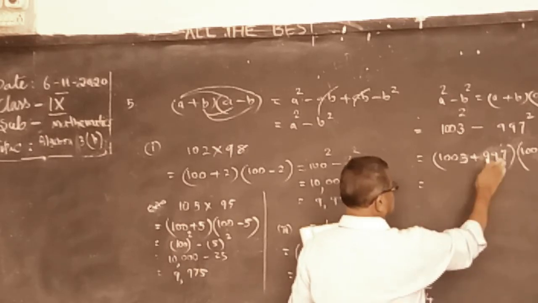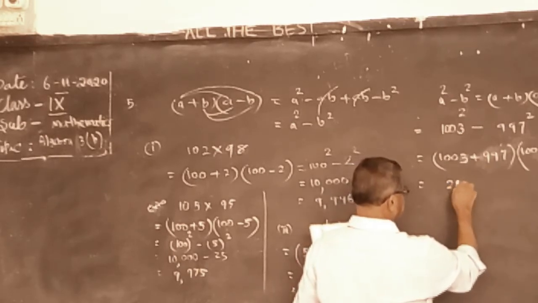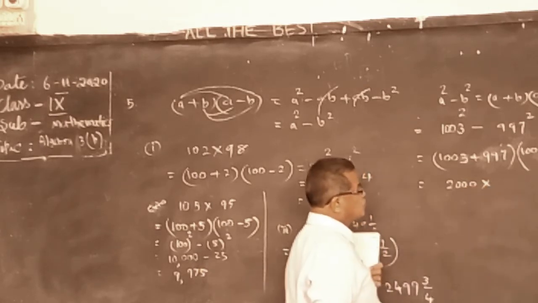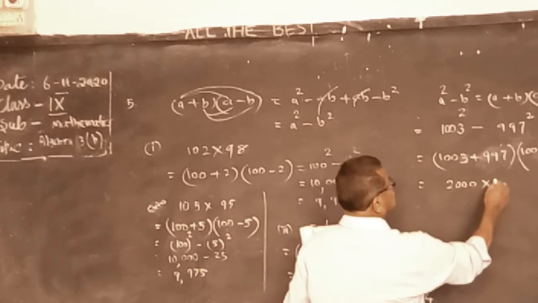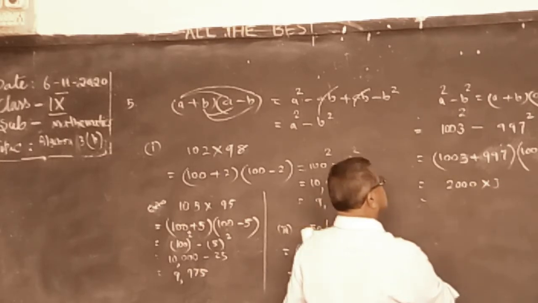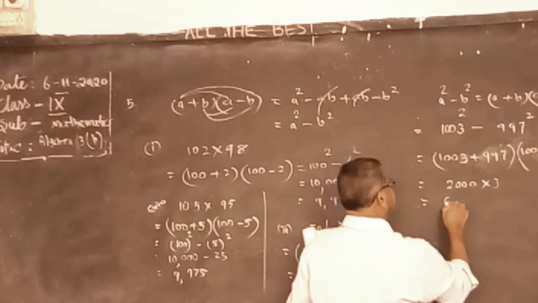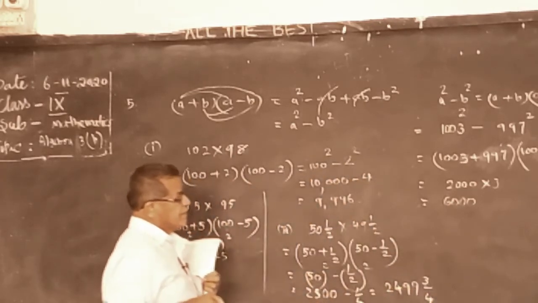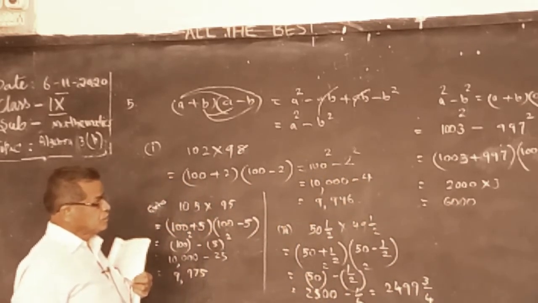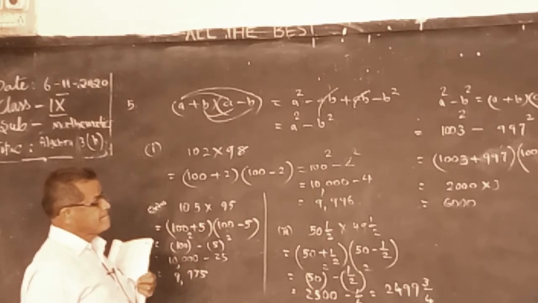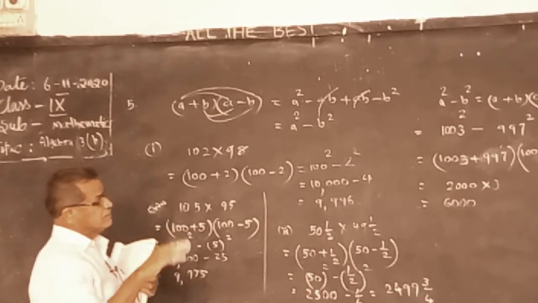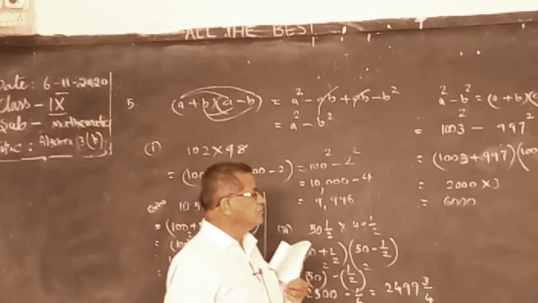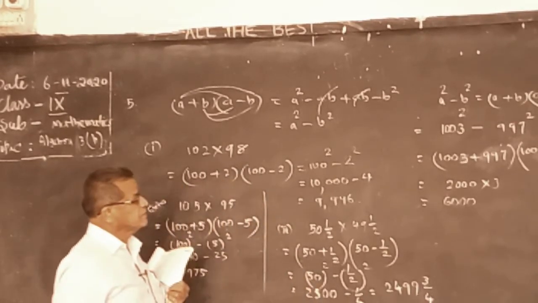The sum of these two is 2000 and the difference of these two is 6. Orally we can say the product is 12,000. The sum of 1003 and 997 is 2000, and the difference of 1003 and 997 is 6. So the product is 12,000.